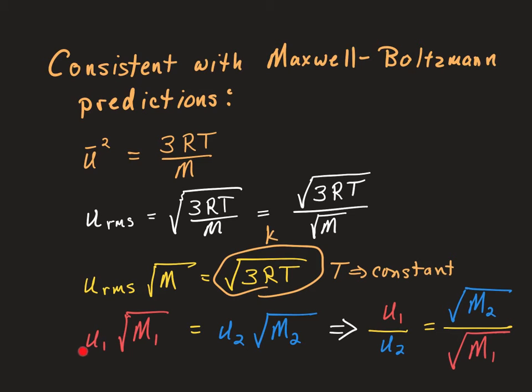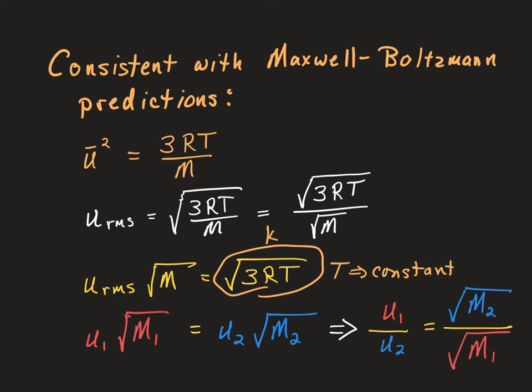If we have the root mean squared velocity of one gas times the square root of its molar mass, that's going to be equal to the root mean squared velocity of another times the square root of its molar mass, as long as the temperature and other conditions are constant.